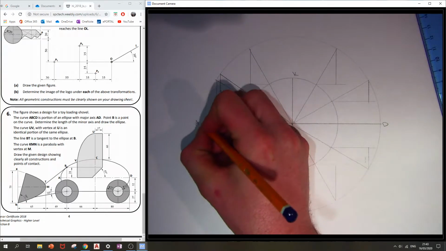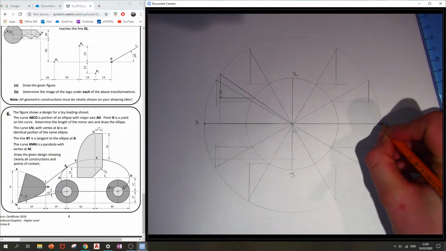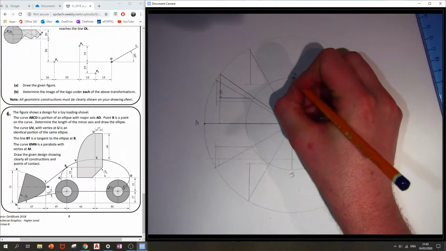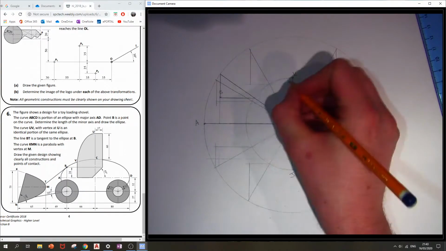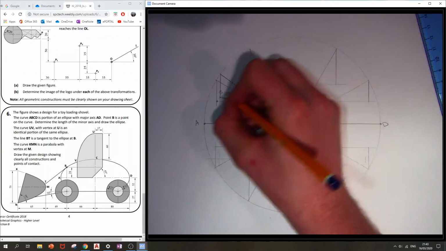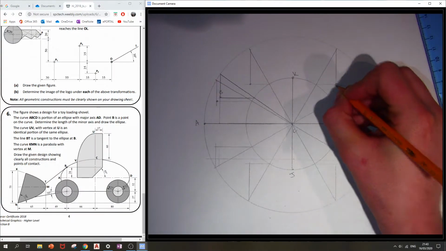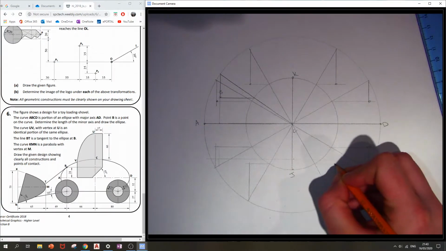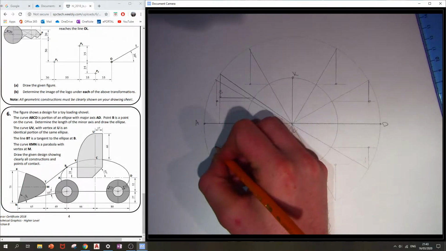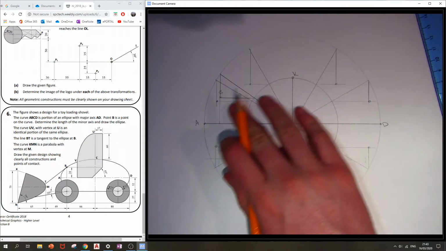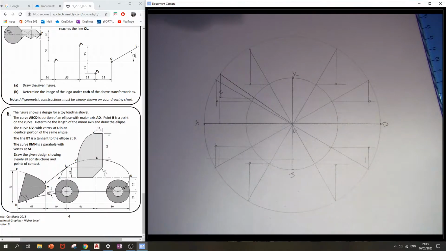Now, so I know that both ends of the major axis are already 2 points of my ellipse, and both ends of the minor axis are already 2 points of my ellipse. So then I have one, B, I know B is the point on the curve. Okay, now all of these are going to be points on my elliptical curve.